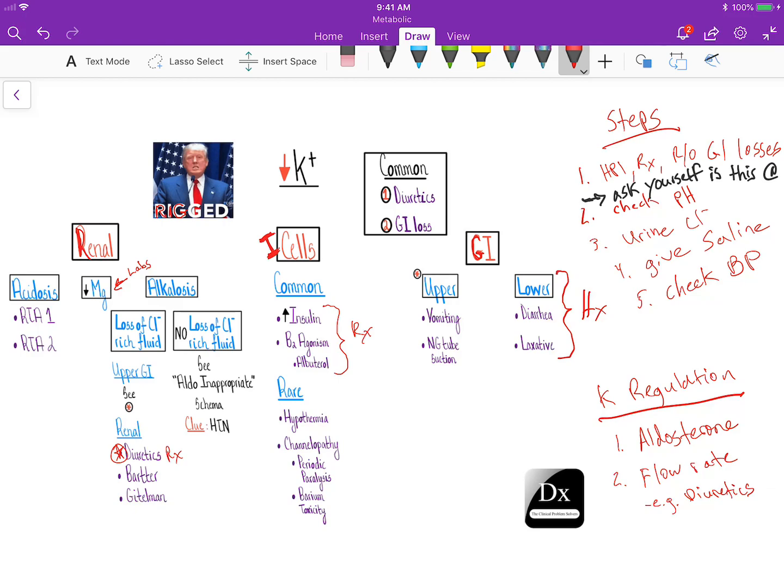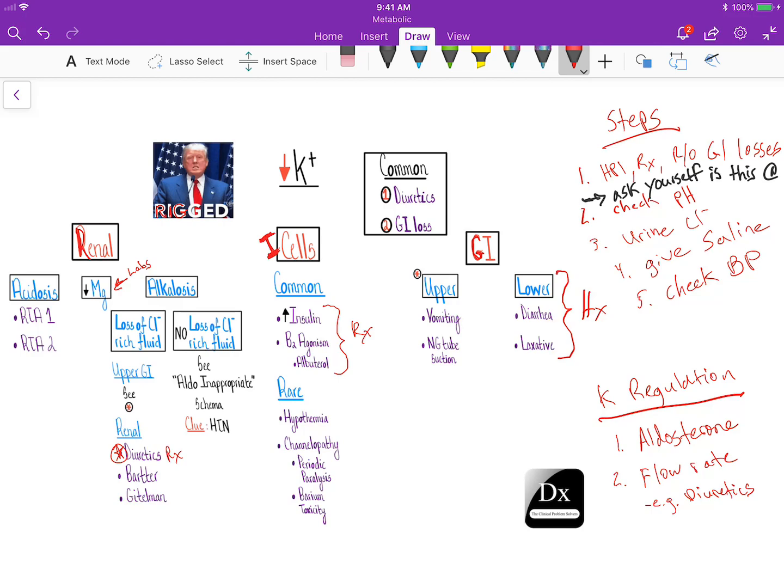If you do suspect that this is, or are confirmed by pH that this is in fact a metabolic alkalosis, then you can give the patient saline, check the urinary chloride before, and then if it warrants further investigation, keep an eye on those blood pressures. Make sure the patient does not have an increase in serum aldosterone. And this should really help clue you in from there.